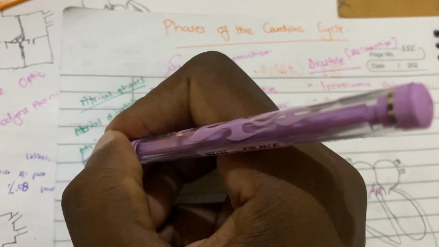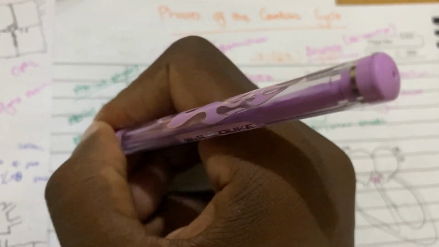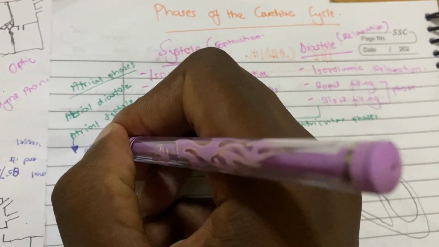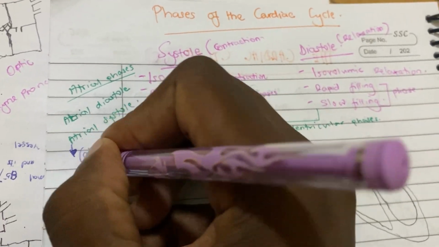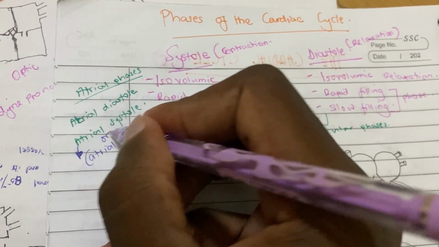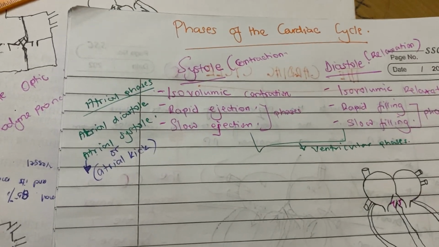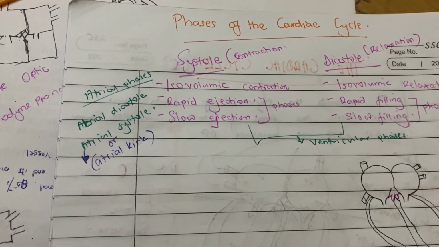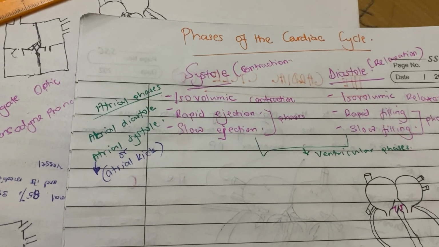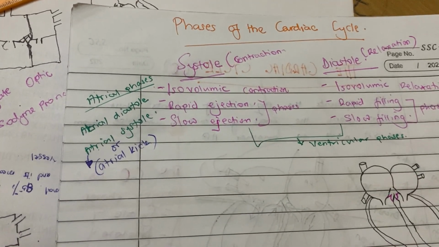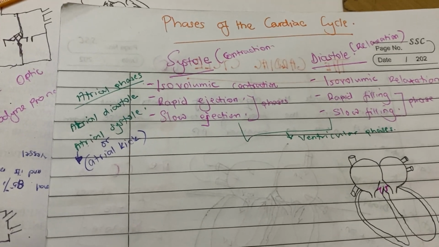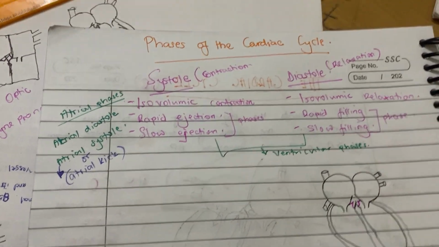If you don't call it atrial systole, you can call it atrial kick. So the AV delay is to allow time for atrial kick. Keep that in mind.